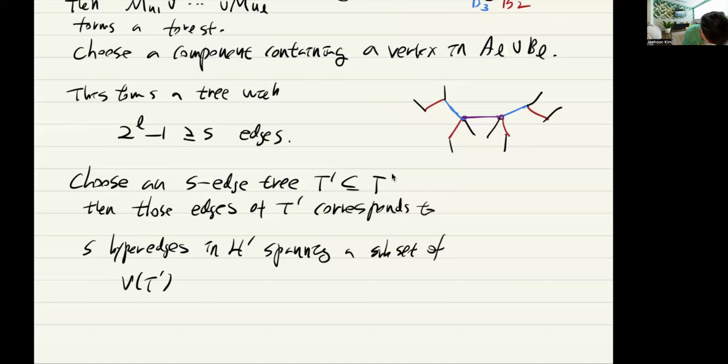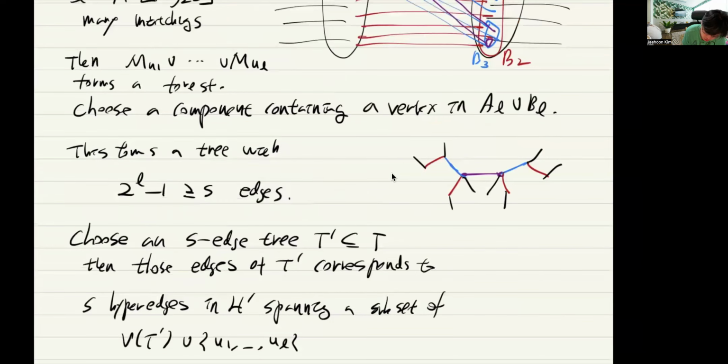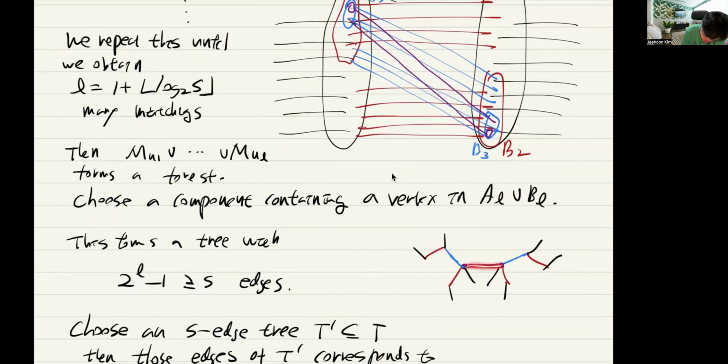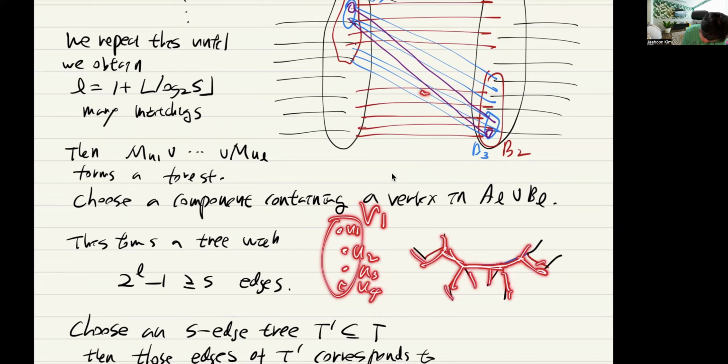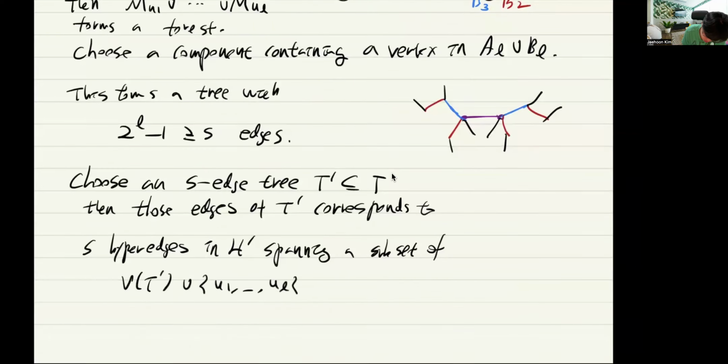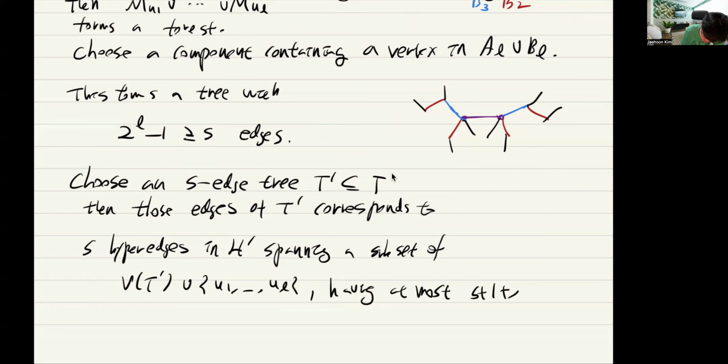The vertices in this T prime union with U1 to UL, which corresponds to this color. So purple one actually corresponds to U1 in V1, and this blue one corresponds to U2, red corresponds to U3, and black corresponds to U4. So in H prime, these are the vertices. And how many? Having at most F plus 1 plus L vertices.